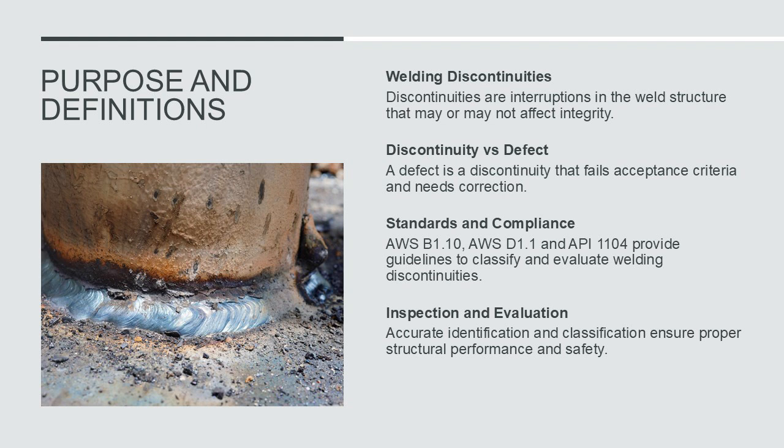Understanding these concepts ensures accurate evaluation and compliance with codes such as AWS B1.10 and API 1104. This section introduces the terminology and sets the foundation for detailed exploration of each discontinuity type, including their causes, inspection methods, and implications for structural performance.